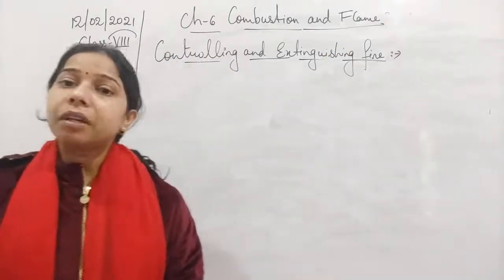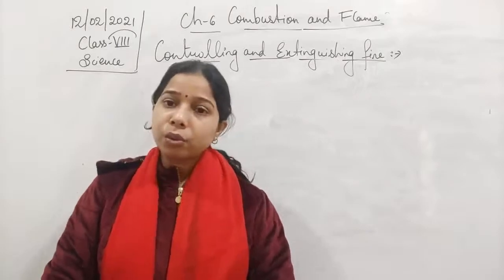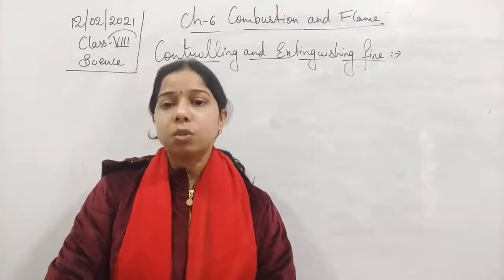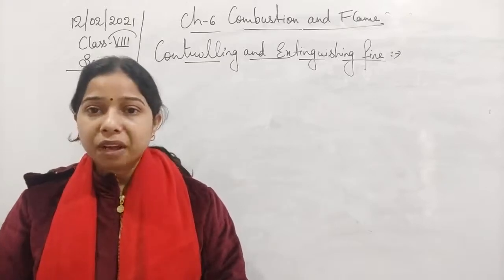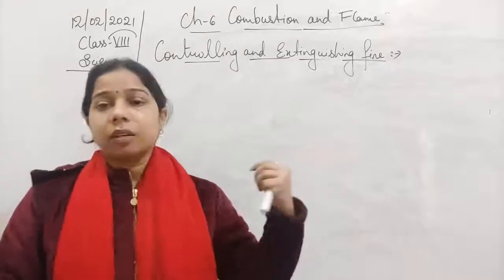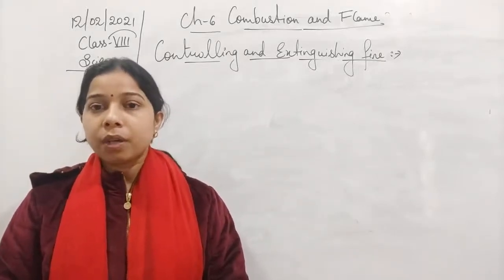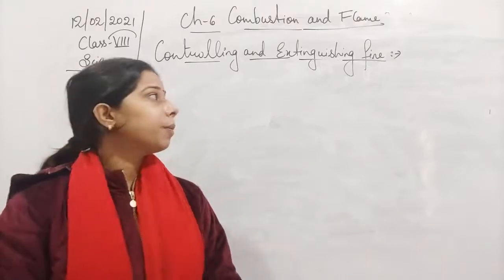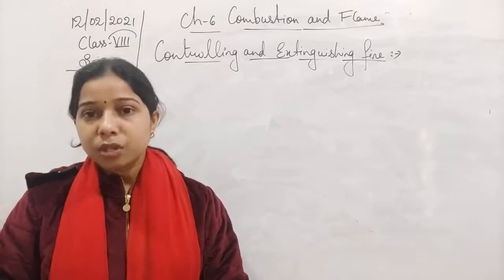So how can we control, how can we extinguish the fire? Till now, students, in this chapter, we are simply talking about how we can conduct the process of combustion of a substance. But if the substance starts burning, how can we control it? So basically there are different methods by which we are able to extinguish fire.